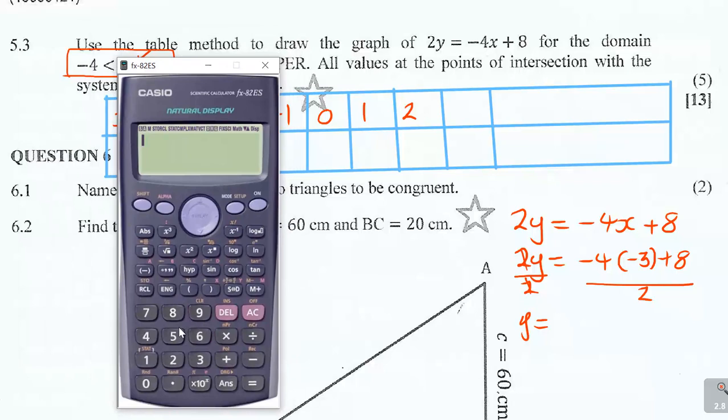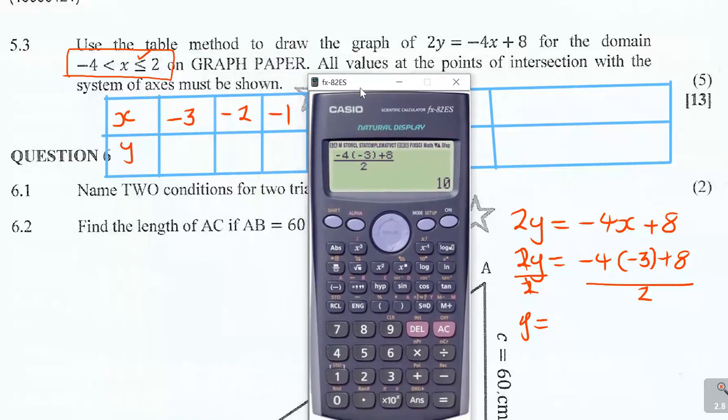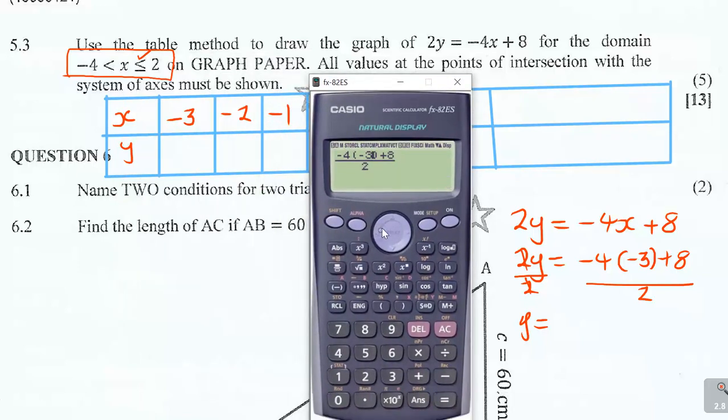It will be minus 4 times minus 3 plus 8, and I'm dividing by 2. The first one is 10. Remember that. So go back. I change now from 10, I put now minus 2, which is 8. You go back again, 8, put a negative 1, 6.